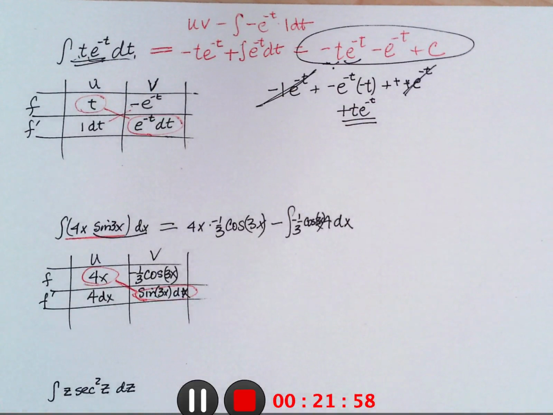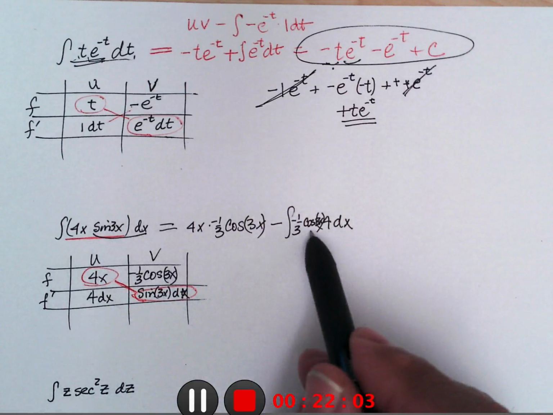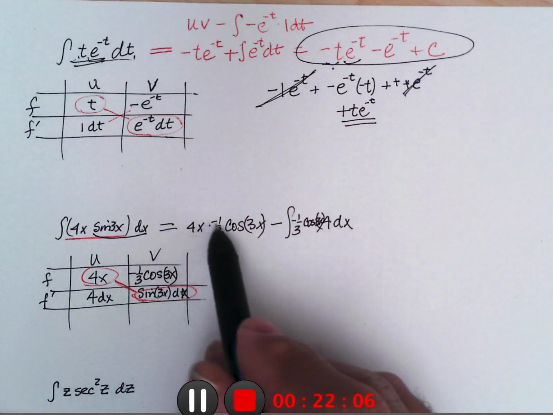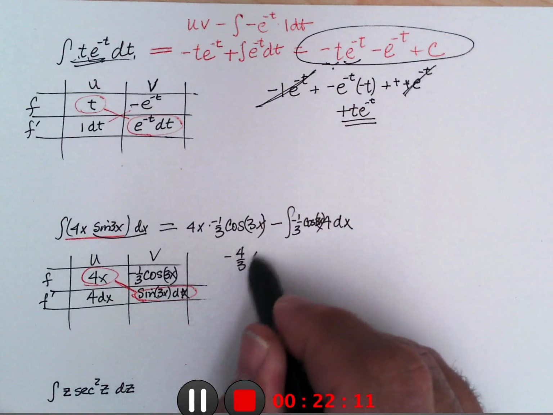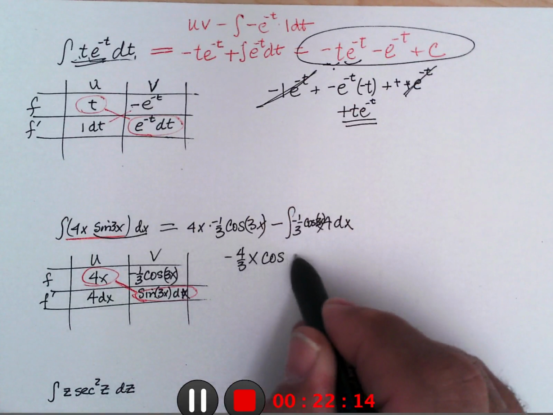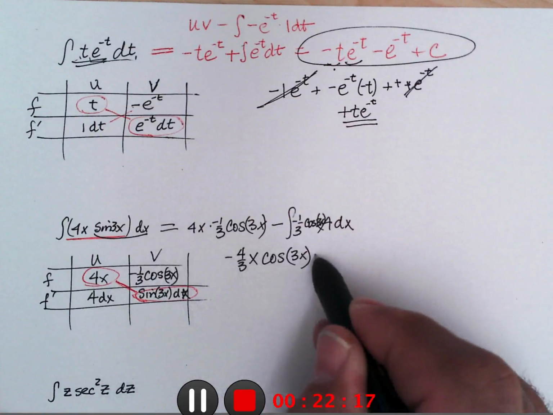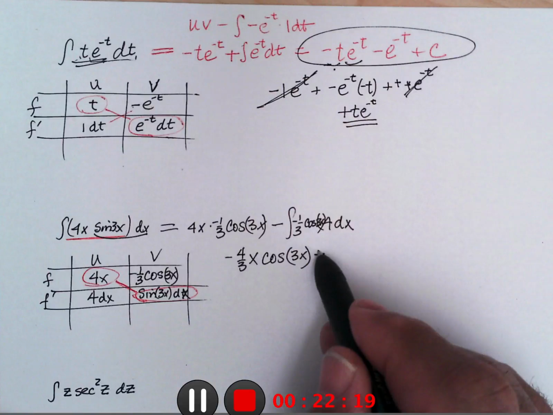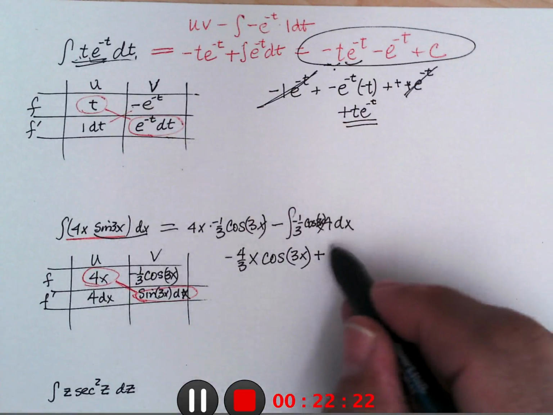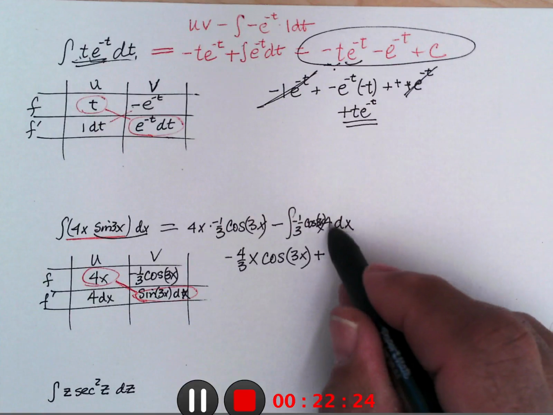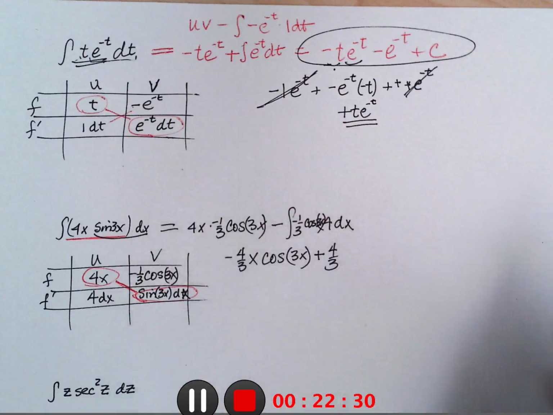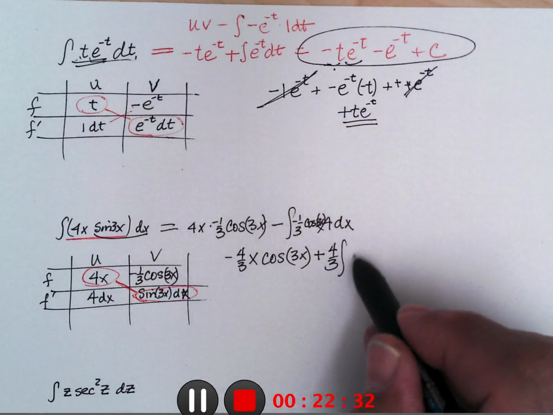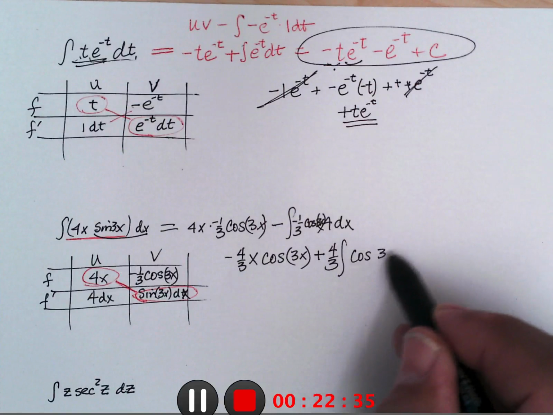Got a little scrunched together there. So let's look at this a little more closely. So that's negative 4/3 x cosine 3x, minus a minus, so that's plus, the integral, and there's a 4 and a third, and so that 4/3 comes out, the minus cancels the minus, and I'll still have the integral of cosine 3x dx.